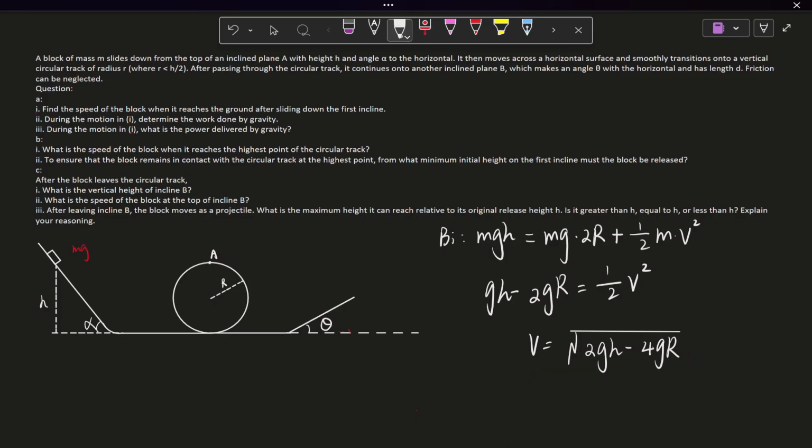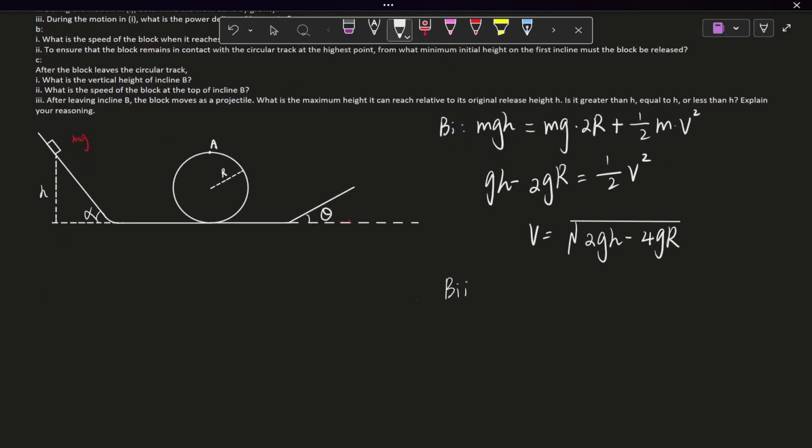So now let's look at the second part. To ensure that the block remains in contact with the circular track at the highest point, from what minimum initial height on the first incline must the block be released? So still, basically the same thing as the previous problem we did. When it wants to remain in minimum contact, the normal force Fn is very, very close to zero.